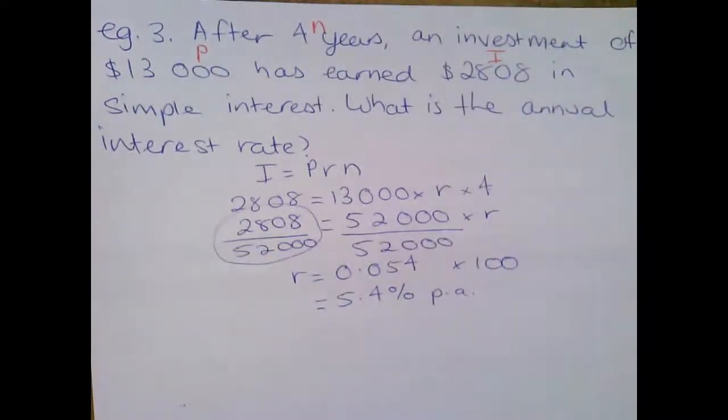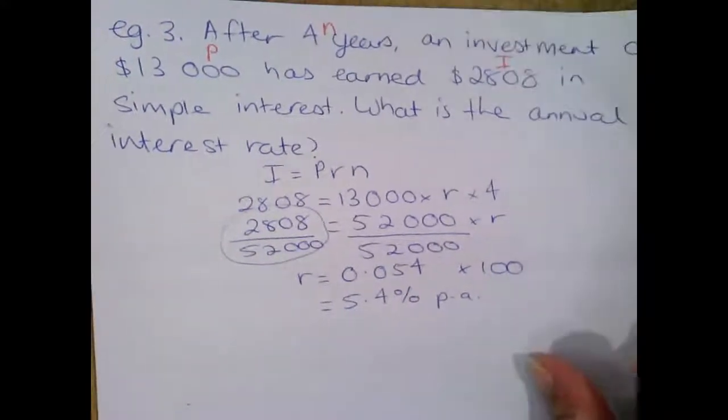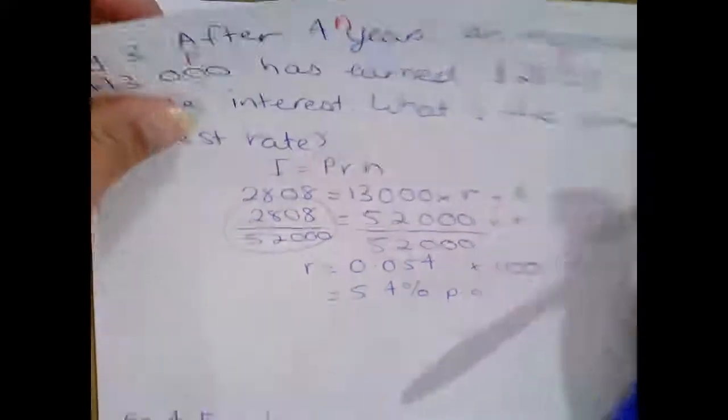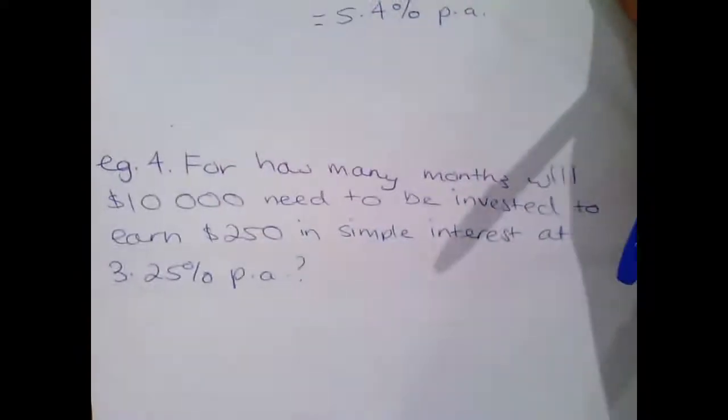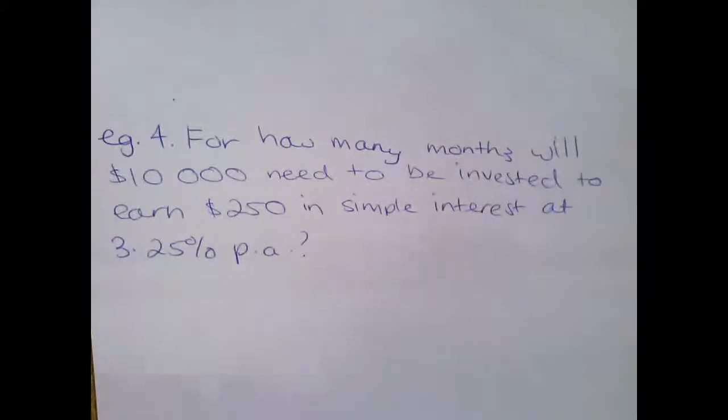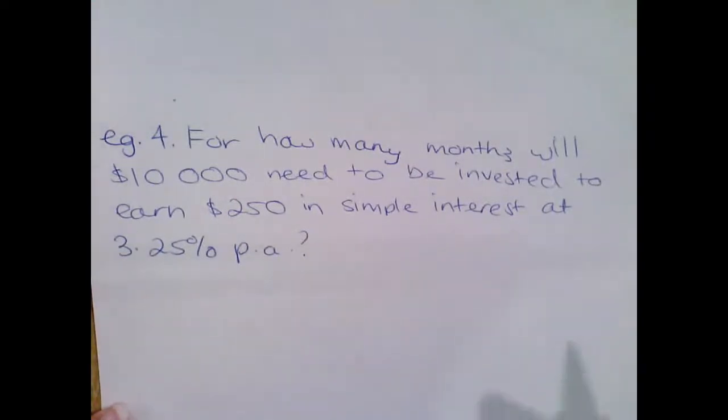Okay. In the next example, very similar. This time, how many months will 10,000 need to be invested to earn 250 in simple interest at 3.25% per annum? So how many months, that's like the time we want to work out, or the N in the formula.